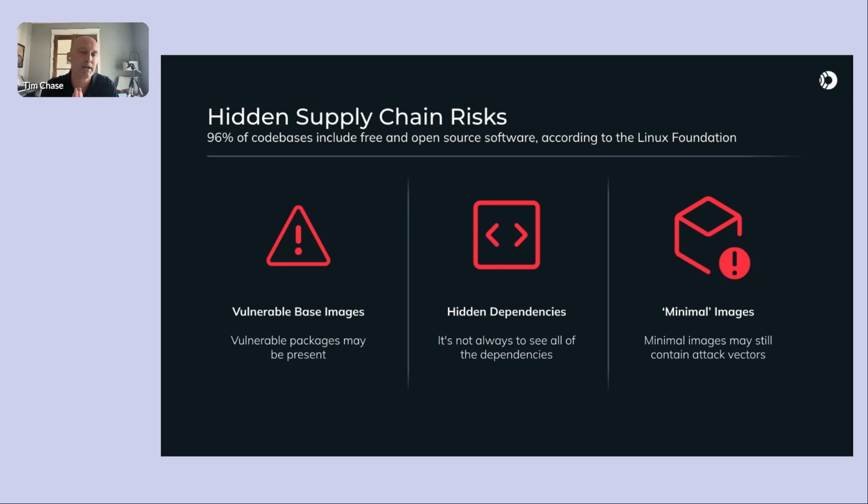And so that's where you can get your vulnerable base images. By vulnerable base images, I typically mean things along the lines of maybe your libraries are outdated or your operating systems are outdated. And so we really need a way to keep those up to date so that your supply chain isn't affected. And that can even lead to hidden dependencies, right?